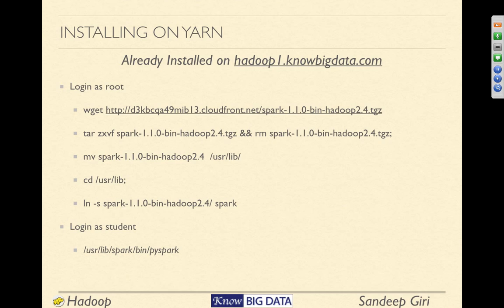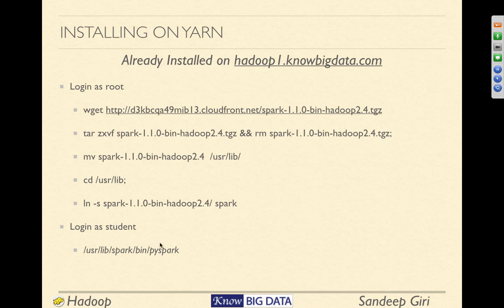So we downloaded that one, unzipped it, and put it in a folder. For simplicity's sake we moved it into /usr/lib so that it's accessible to everybody, and then we gave it a nice name by linking it in the last step. You can see that here we gave it a nice name, with ln -s meaning linking it symbolically.